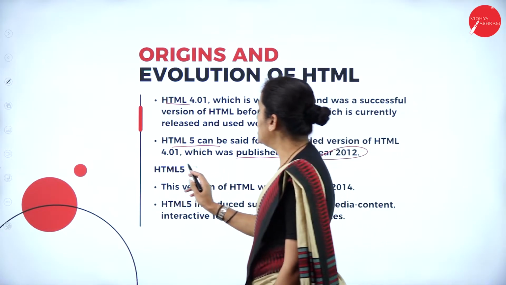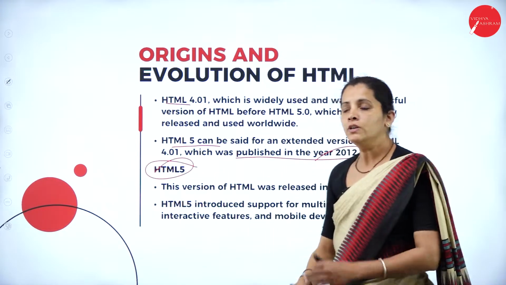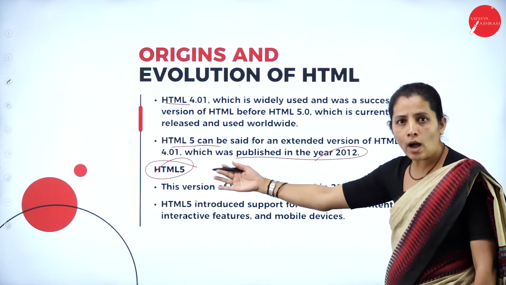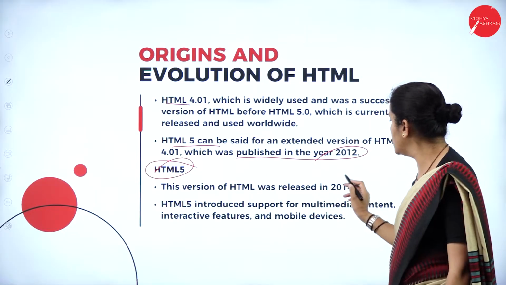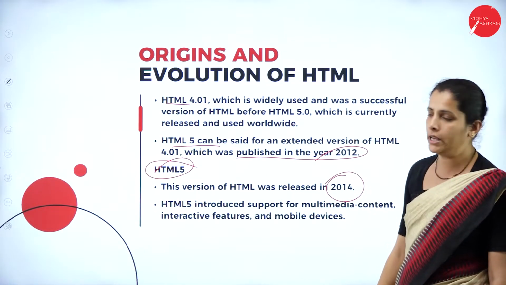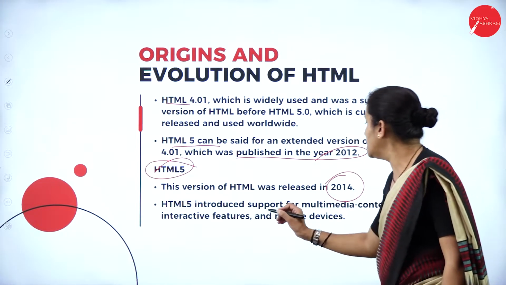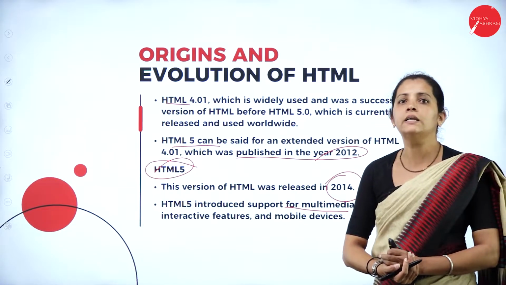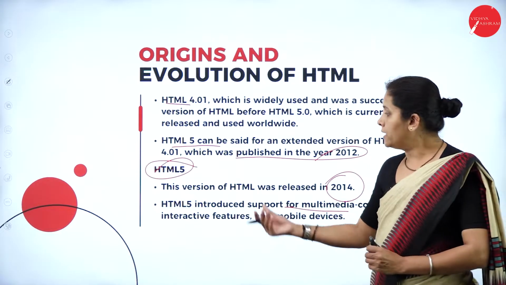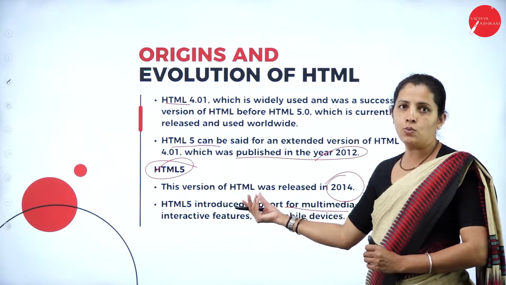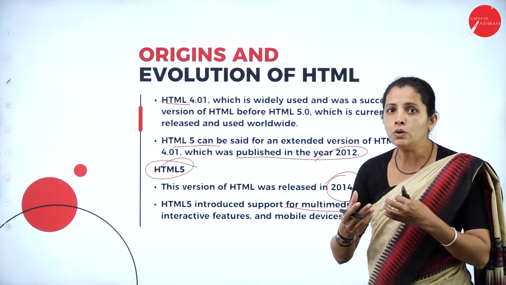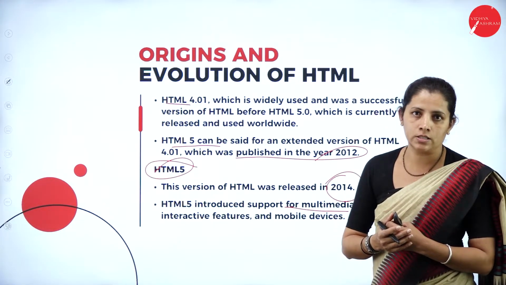Now, if I consider HTML5, see here, HTML5 was once again re-released in the year 2014 and it supports multimedia content. So, what is multimedia? What is multi? Multi in the sense what? Multiple forms used to share the resources.